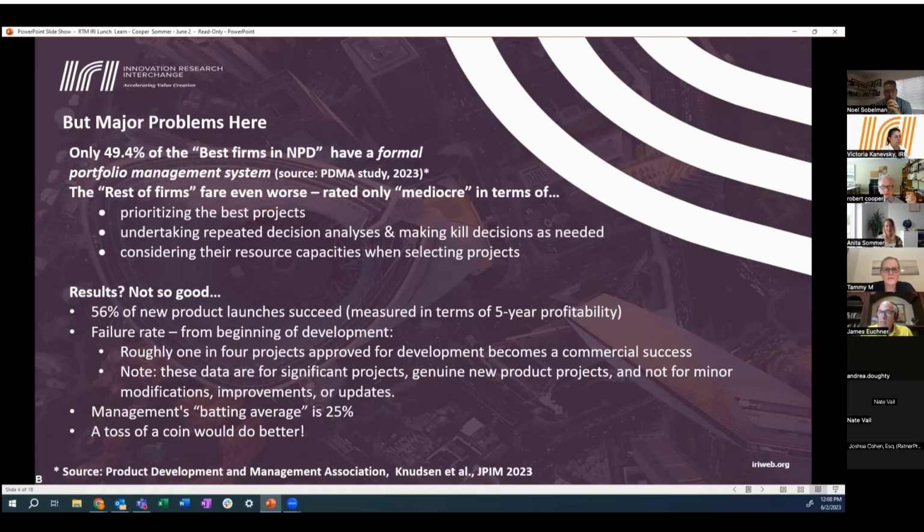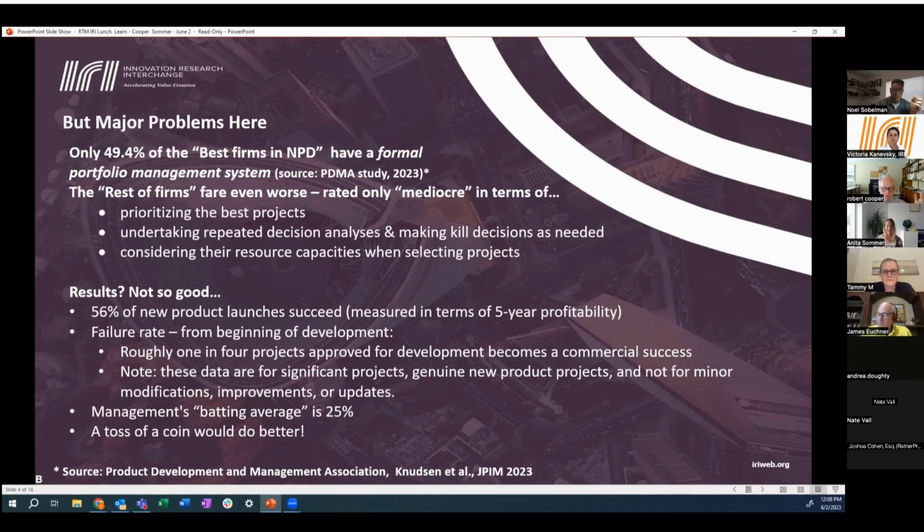Now, the result of all of this bad practice is terrible. Look at this. 56% of new project launches succeed. Now, I know the number tends to be a little higher in some studies. 65% is another one. This happened to be the PDMA number, measured in terms of 5-year profitability.